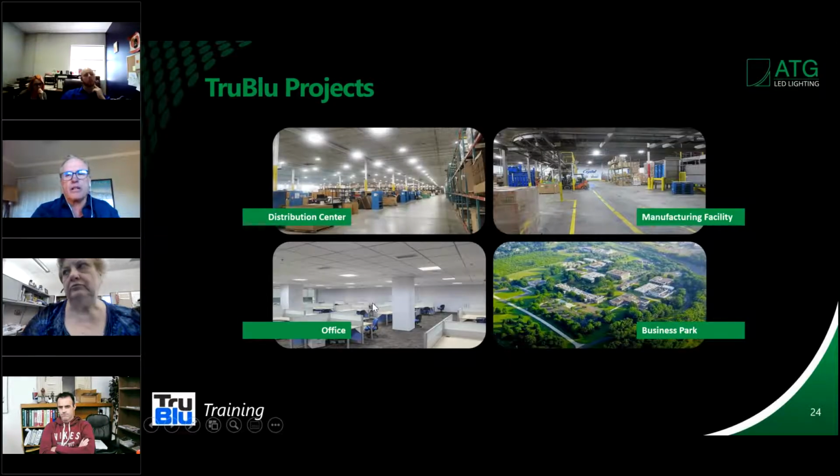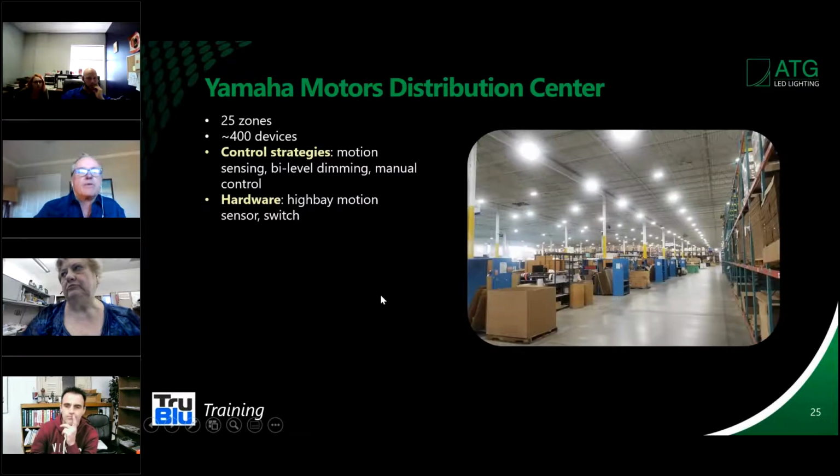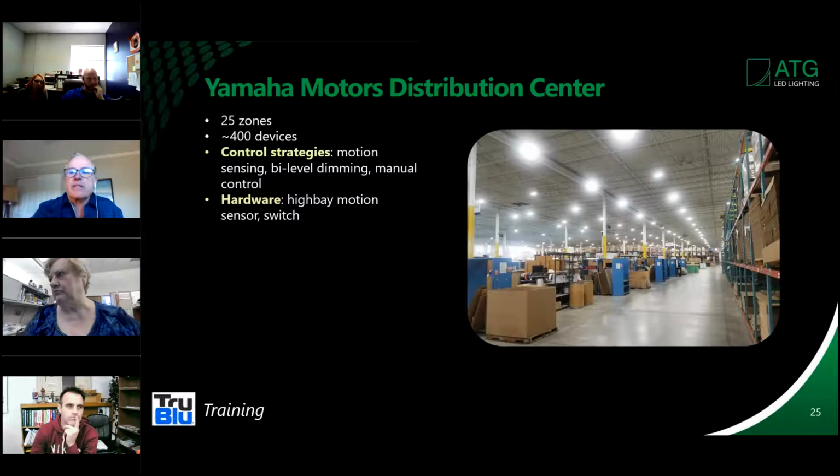So let's just take a quick look at some of the True Blue projects that have been done. There's a variety of different things. Go real quick. The first one is this Yamaha Motors distribution center. As you can see, this is a combination storage facility.